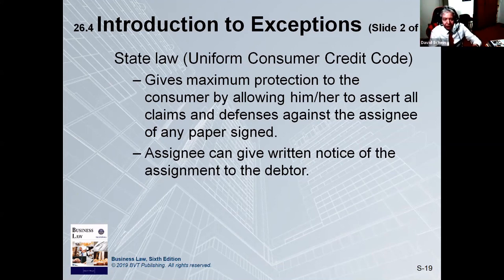We got defective furniture, and we are going to assert that against you, even though you're the assignee of the party that actually sold us the furniture. So this is a very important consumer protection.